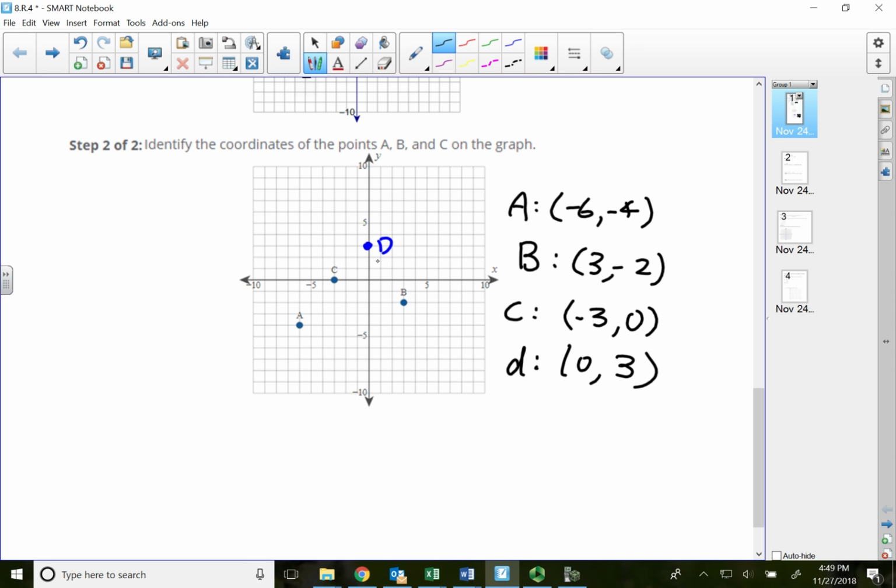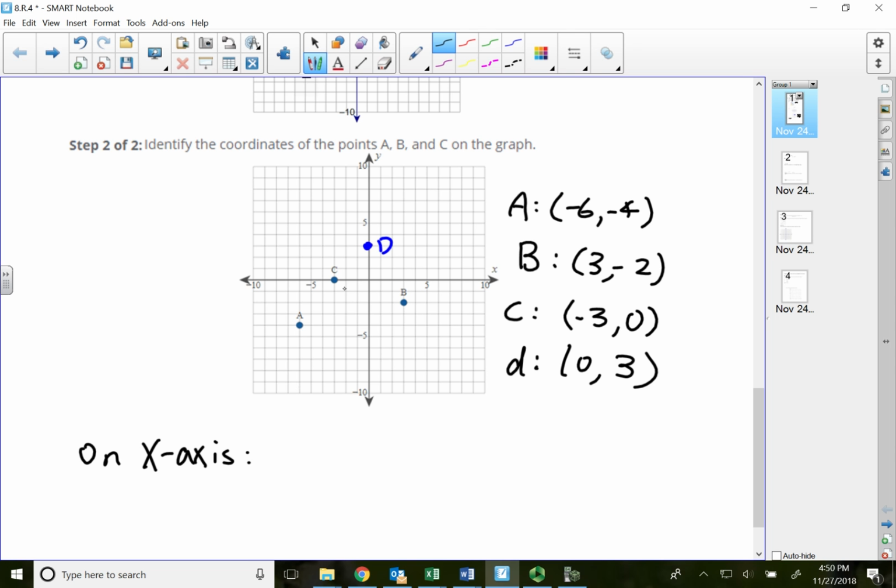So C and D are 2 very important coordinates, because they're located on either the x-axis or the y-axis. On the x-axis, this is very important. Any point located on the x-axis, I will simply go to the right so many places or go to the left so many places.